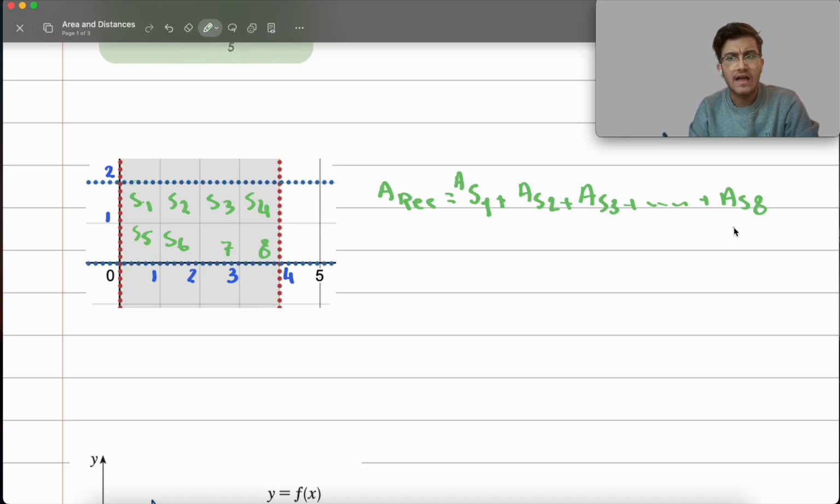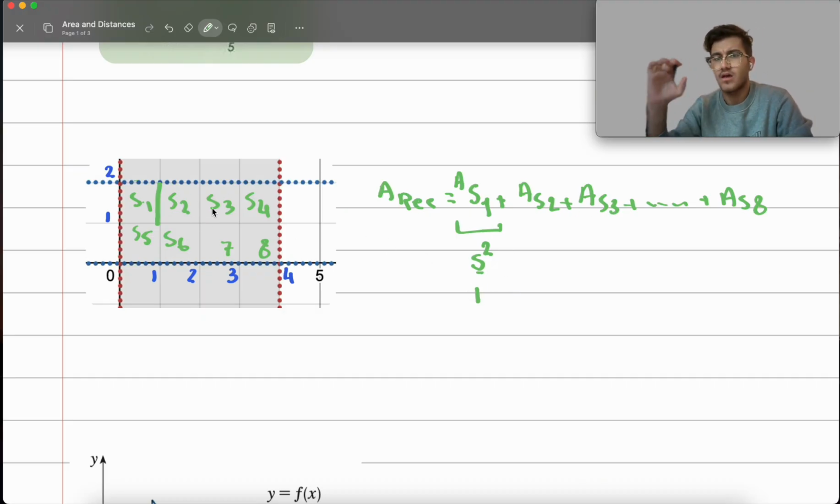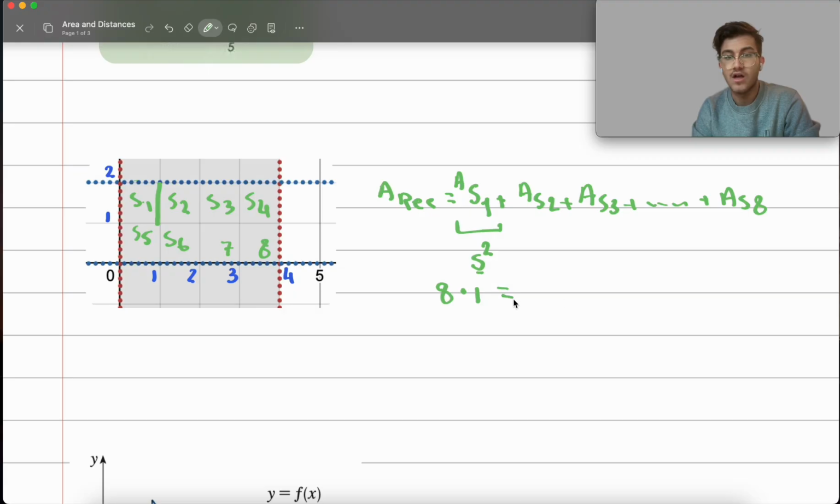So let's find the area of these. We know the area of a square is side squared. What is the side? The side is 1 unit. So the area of 1 square is 1. And we know that all of the squares have the same area, so I can multiply 8 times 1, which gives me 8.